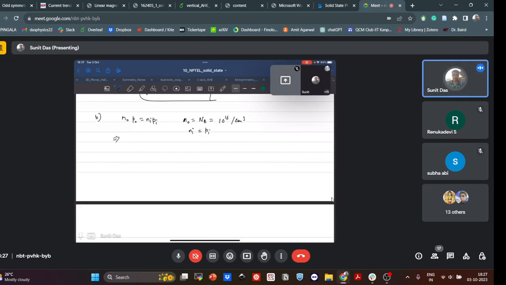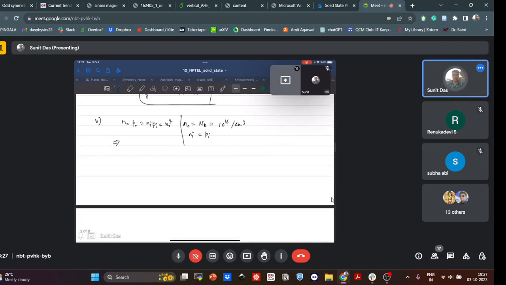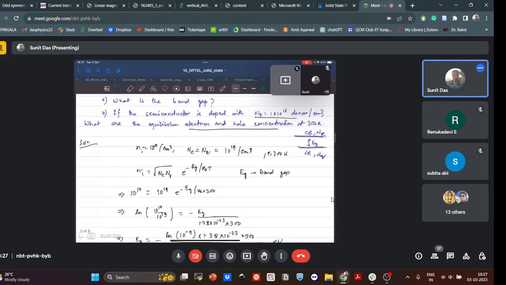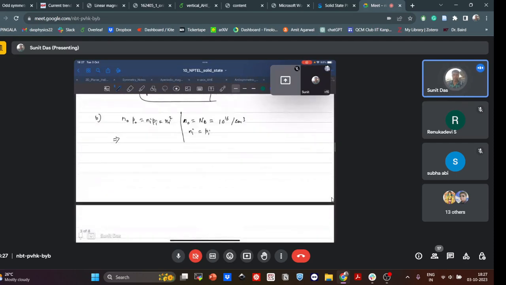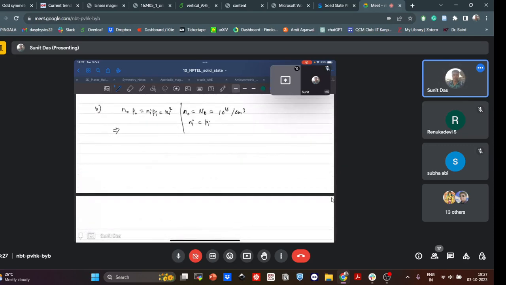So that's why we call it Ni square. We need to find what the equilibrium electron and hole concentration are. So P0 equals Ni square by N0.